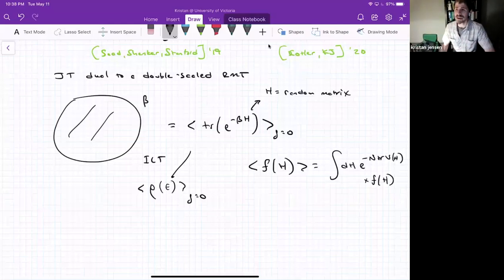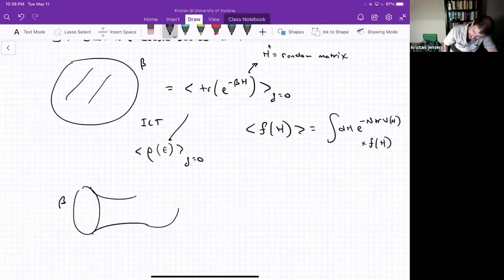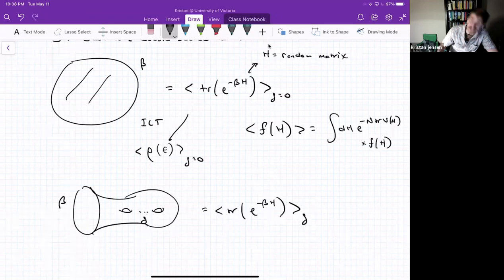And if you consider higher genus things with a single boundary, say with boundary beta, with g holes, well, what does this compute? This computes trace e to the minus beta H at genus g, which you can inverse Laplace transform to get a genus correction to the density of states.